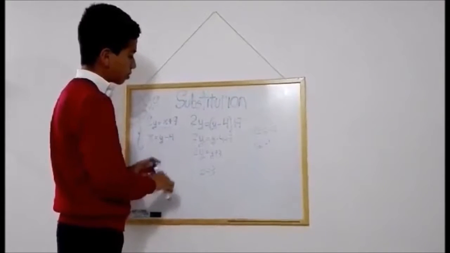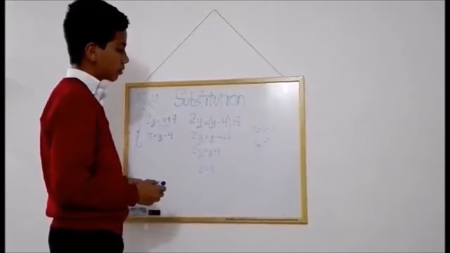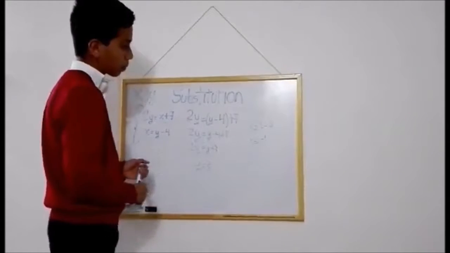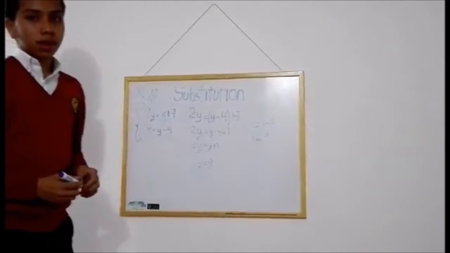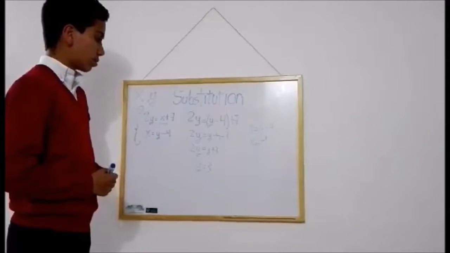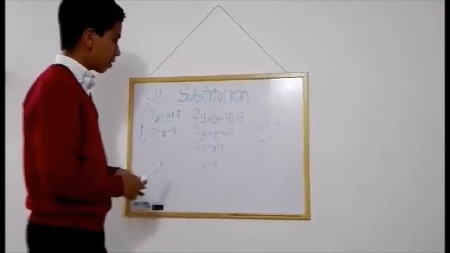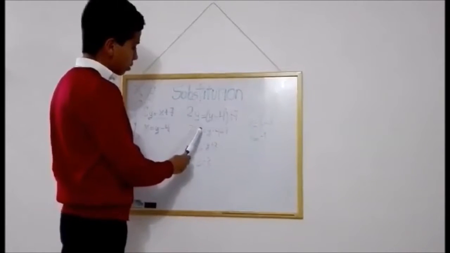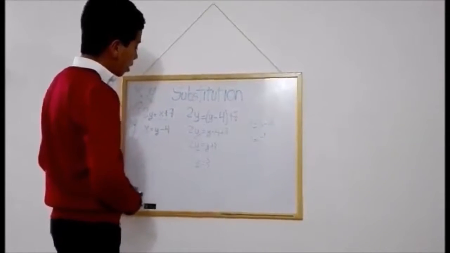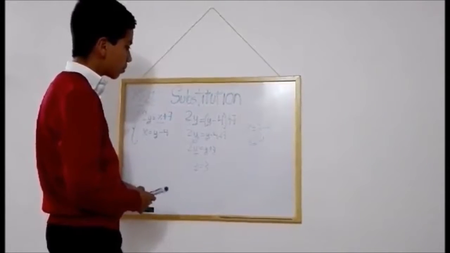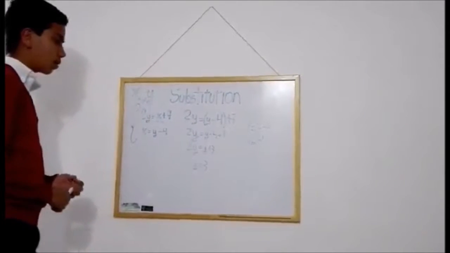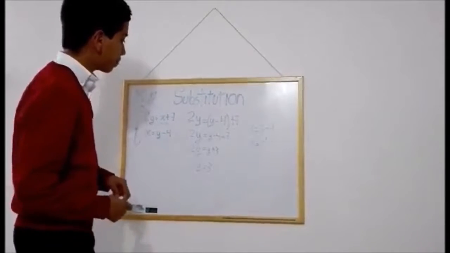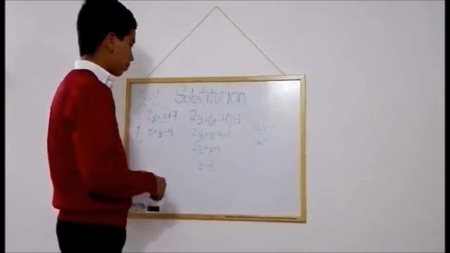If we substitute y minus 4 for x in the top equation, the top equation becomes 2y is equal to, instead of x, y minus 4, because the second constraint tells us that x needs to be equal to y minus 4.